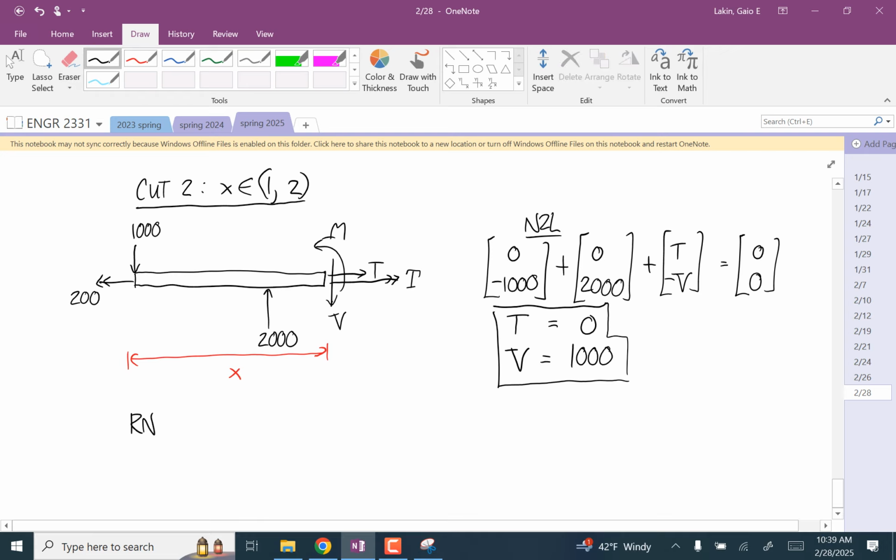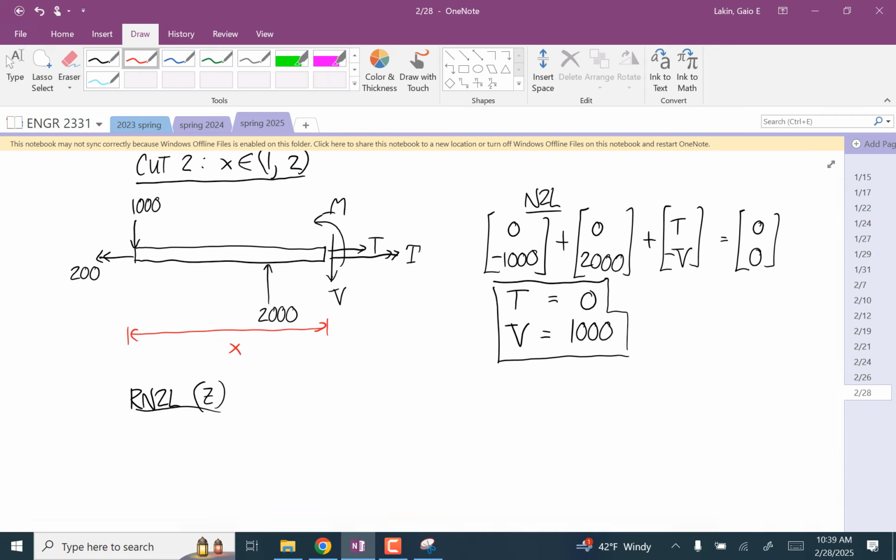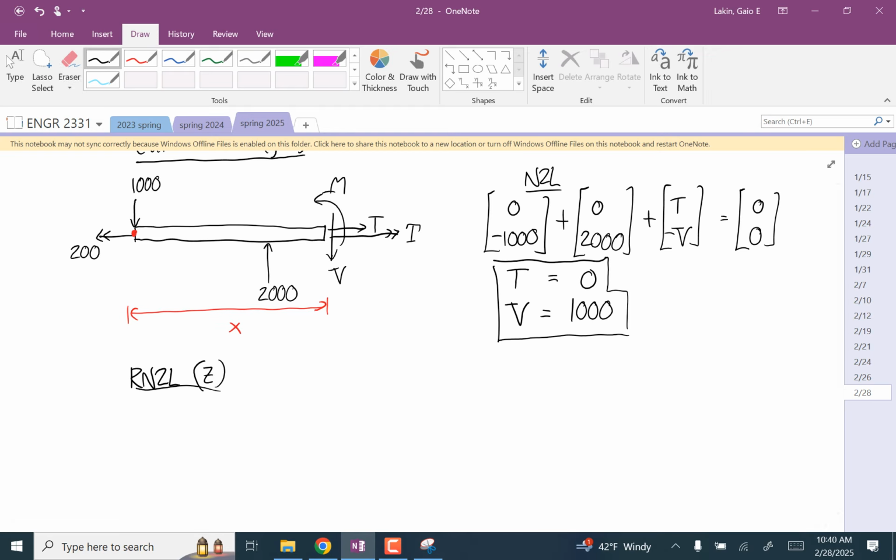And then the moment equation about the z-axis. Again, my about point is going to be here, so there's no moment there. There is a counterclockwise moment from the 2,000 with a moment arm of 1. So I'll write this as it's counterclockwise, so it's positive.